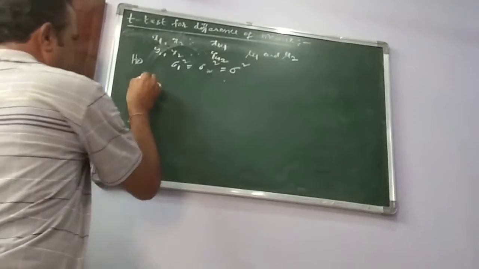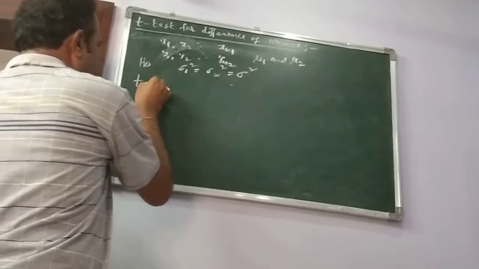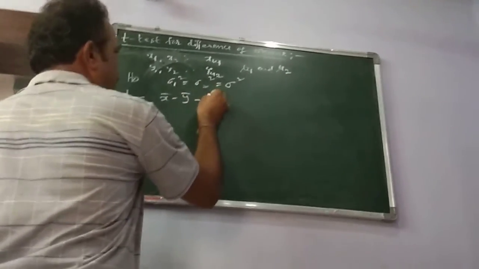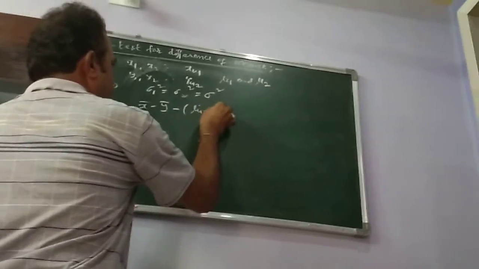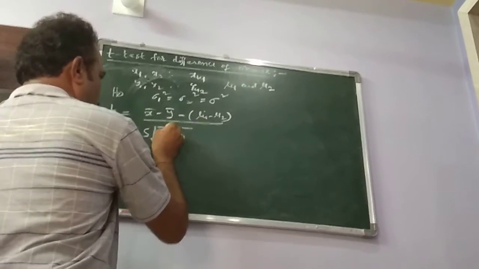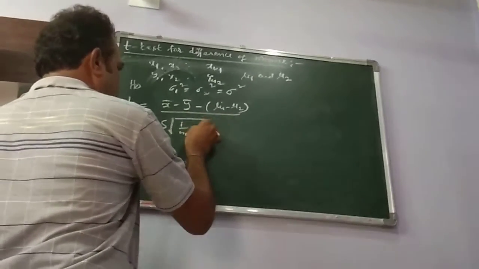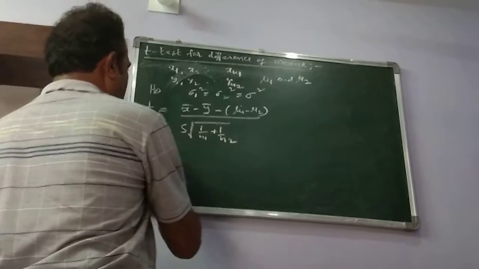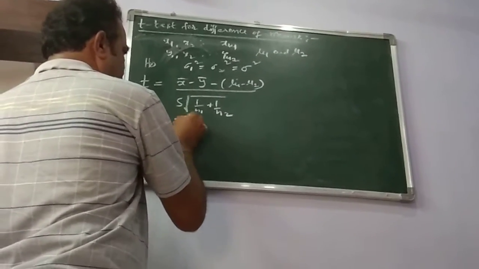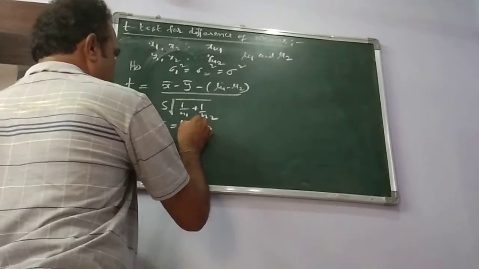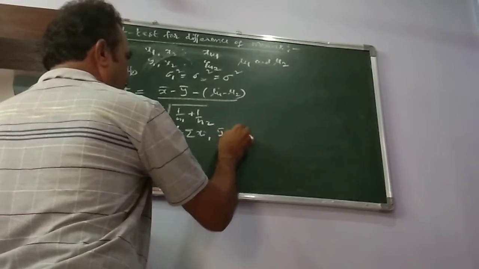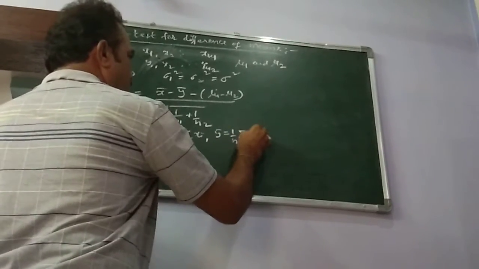Then the test statistic T is equal to x bar minus y bar minus (mu1 minus mu2), divided by capital S into square root of 1 by n1 plus 1 by n2, where x bar is equal to 1 by n1 summation of xi, y bar is equal to 1 by n2 summation of yj.